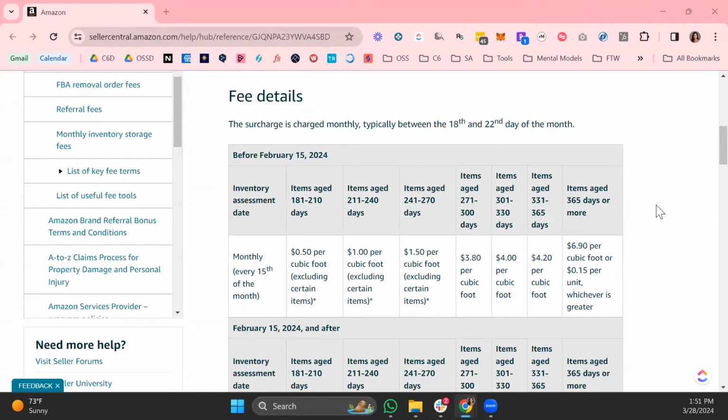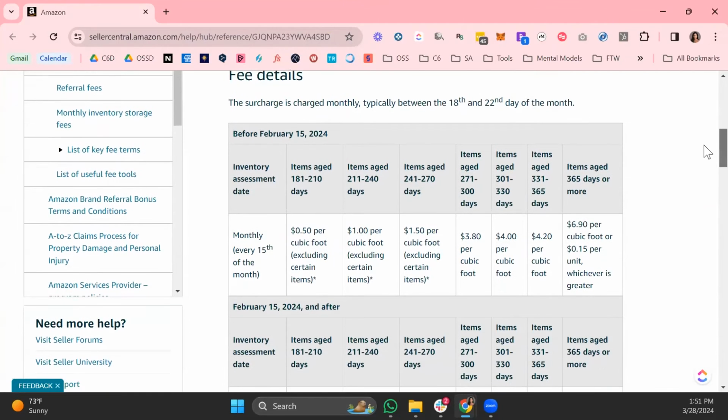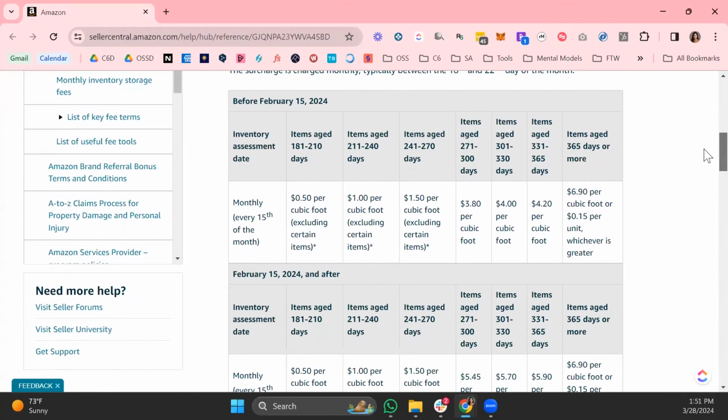I believe I'm sharing this, the aged inventory policy, just for people that have questions. As Chelsea mentioned, these fees only start happening after 6 months of your inventory being there. So after 6 months, on the first day, they start assessing at 50 cents, then it goes up.